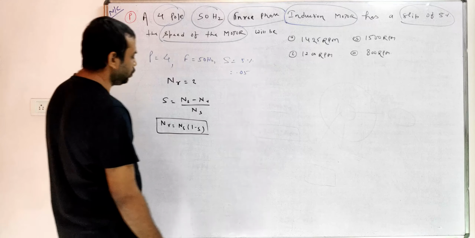Now putting this value in, we have 1500 times (1 minus 0.05), so this becomes 1500 times 0.95. When we solve this, it comes to around 1425 rpm.